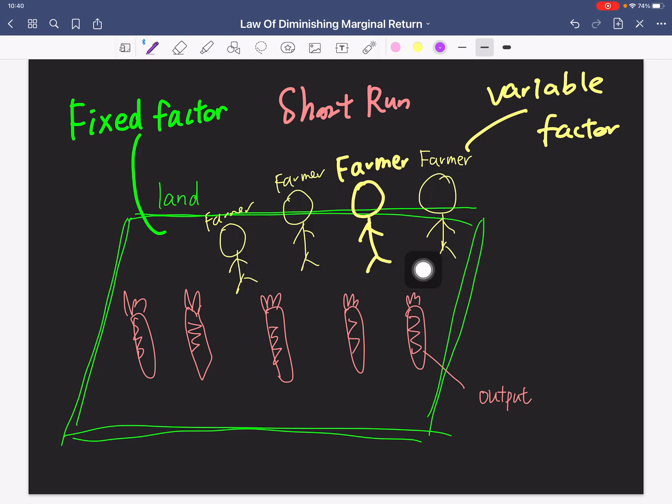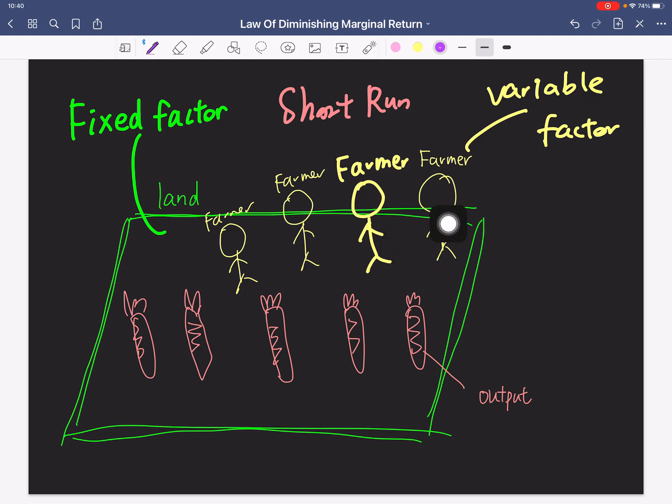However, we have some different factors of production. In this example, I'm going to use labor to illustrate. Farmer, which is labor, is going to be a variable factor. So if I'm going to grow more carrots, unlike the land, I can adjust the input, which is the farmer, because they are a variable factor.